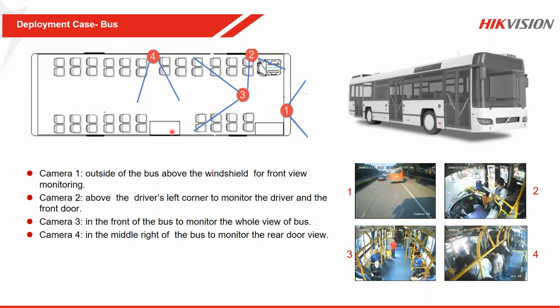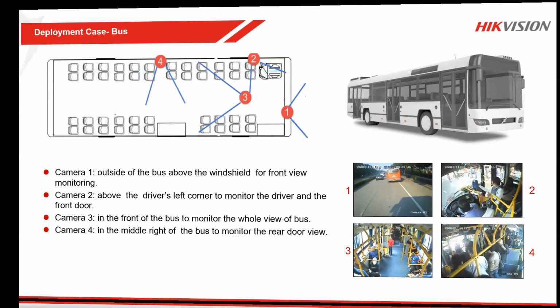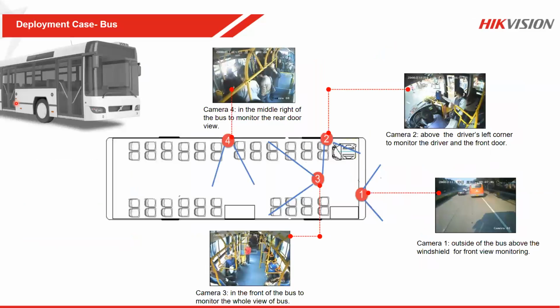This is the camera monitoring people entering the bus. Again, more cameras can be added onto the outside of the vehicle as well, on the sides and on the rear. And each camera can then give us different types of analytics.